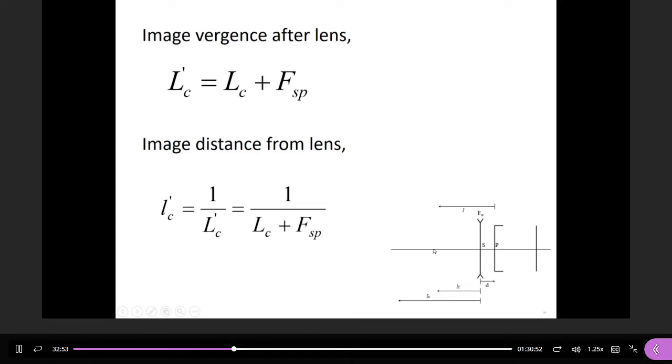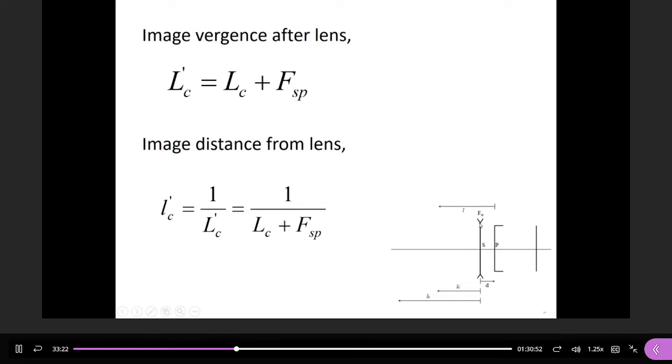Okay, and then the next step we need to do is to find out the L. Why do we have to find out L? Remember, this spectacle lens actually helps you to see better at distance. Okay, and that's why you have to use it constantly.